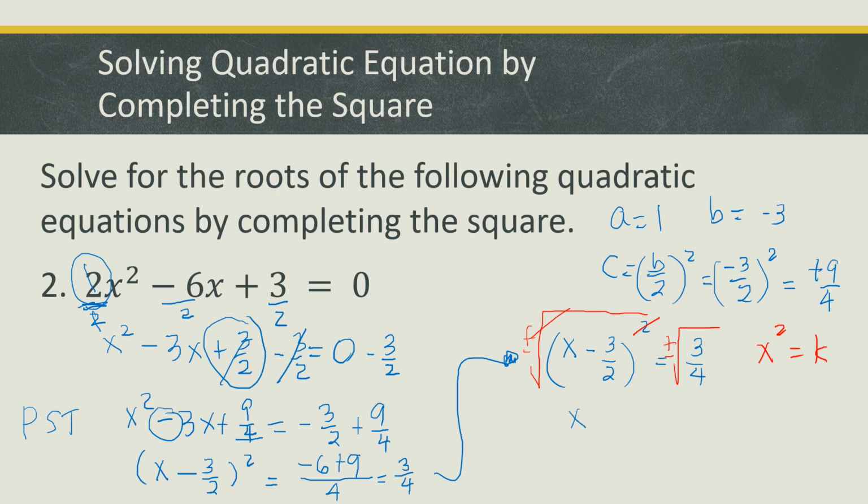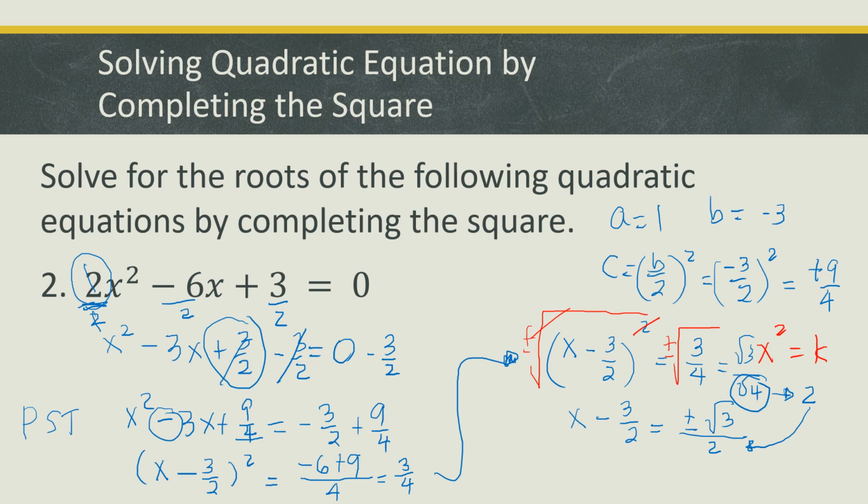So the new equation is x minus 3 halves is equal to positive and negative square root of 3 divided by 2. Why? Because it is the square root of 3 divided by the square root of 4. As the square root of 4 is 2, that's why we have here 2.